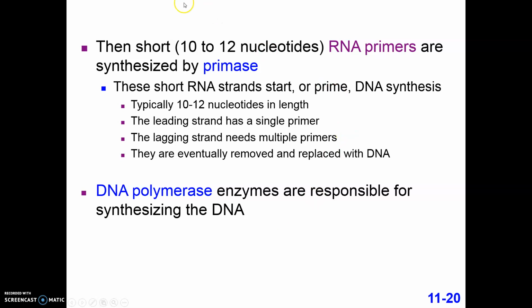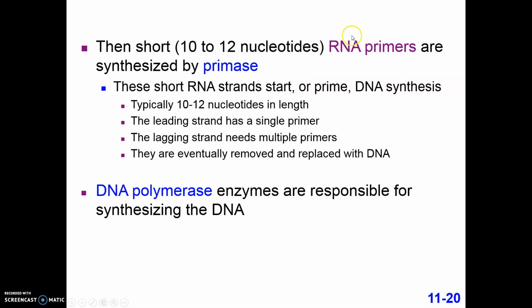All right, we will also have a protein called primase, and primase will lay down a short sequence, about 10 to 12 nucleotides, of RNA. So the very first step here is to lay down a little bit of RNA that will act as a start site for DNA synthesis.